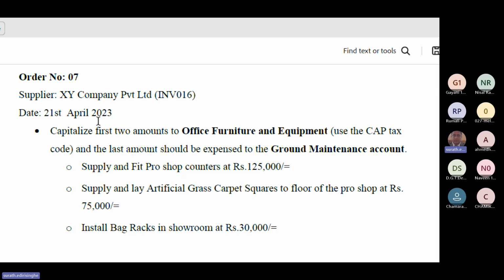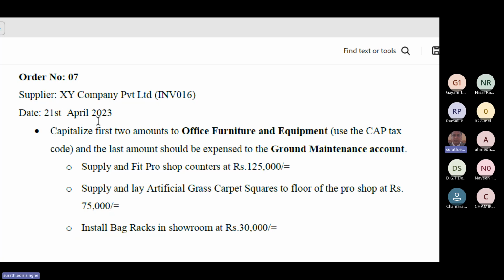Right, note down these steps. First, create the 3 inventory items. First one, fit for shop counter machine. Second one, artificial grass carpet. You decide the code and everything.